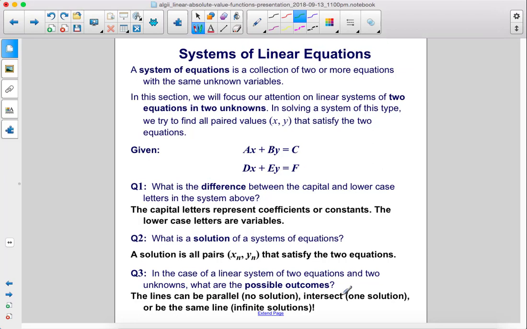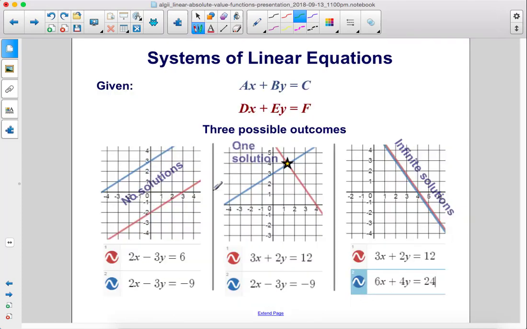They can intersect and have one solution, or they're the same line with infinite solutions. Here are graphs of the three possible outcomes: parallel lines where there are no solutions, an intersection where there is one solution, and the same line, therefore there are infinite solutions.